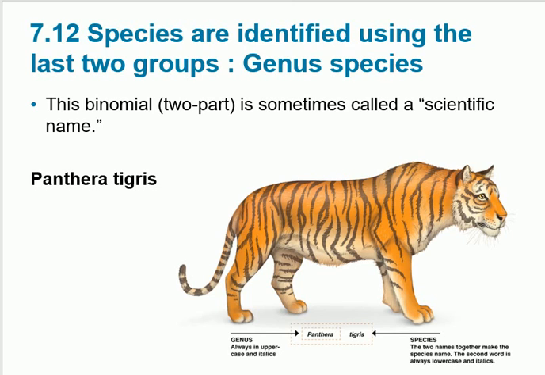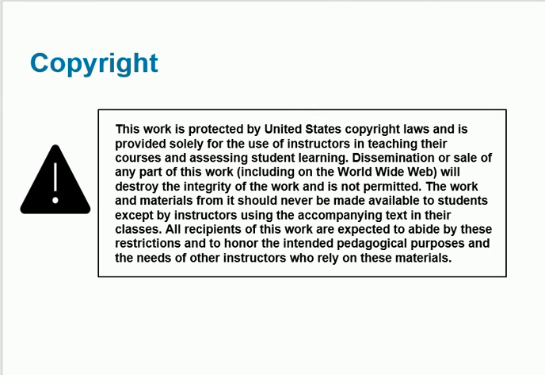What's bi? Two. Nomial means name. So it's two components. The name is two components. This is called a scientific name. Like Panthera tigris. Panthera, I mentioned it, is the genus, and tigris is the species. Okay?